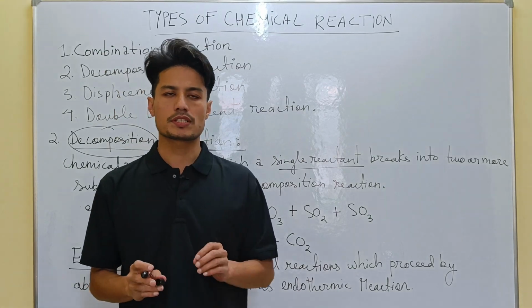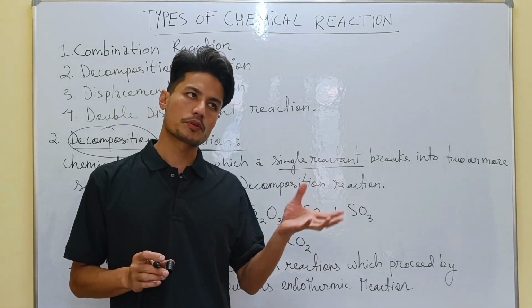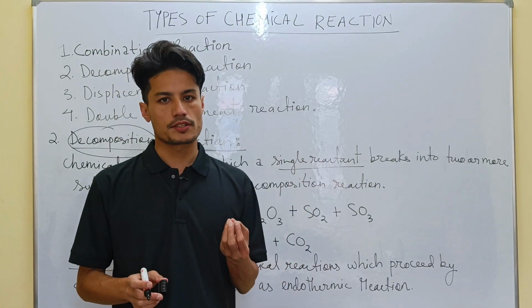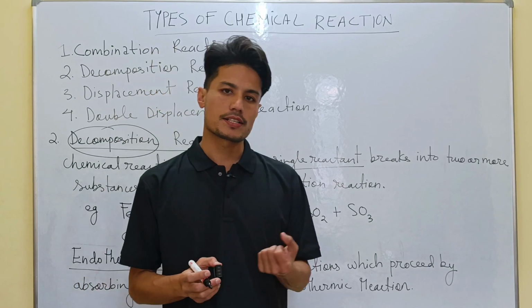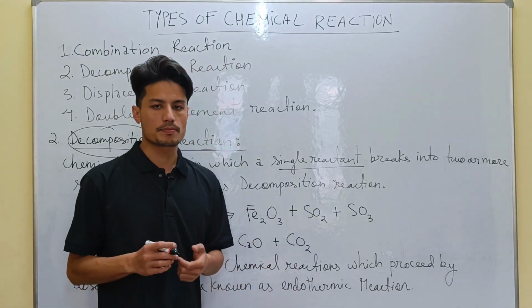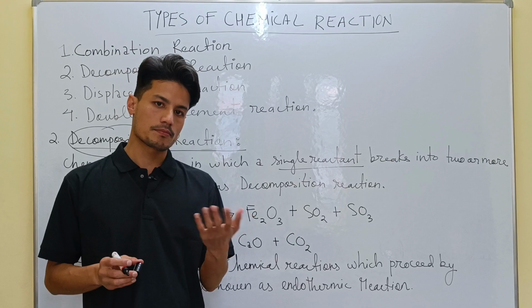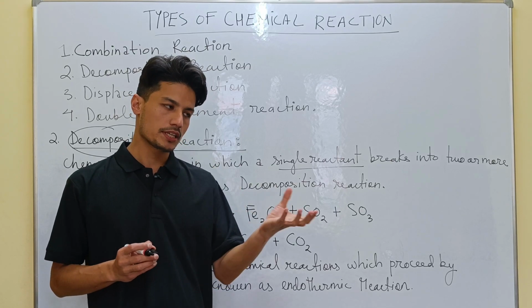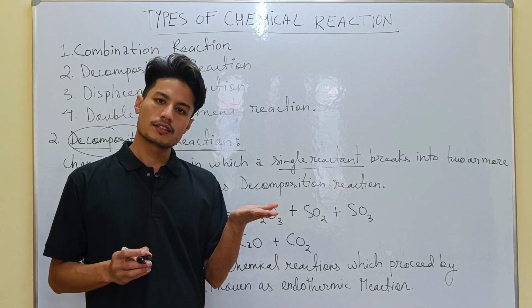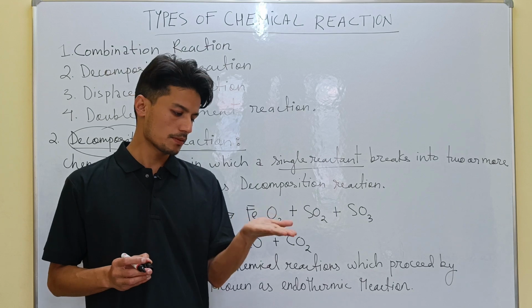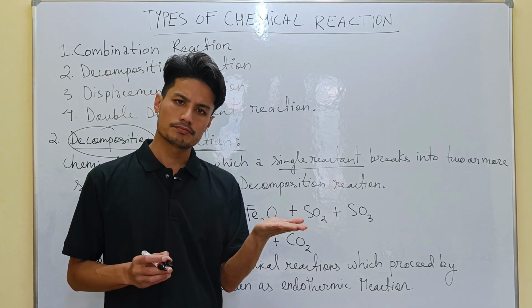Here I want to give you a simple example which will help you remember endothermic reaction. Example: melting of ice. How does ice melt? Ice melts by absorbing heat energy, isn't it? You take the ice out of the freezer and keep it in your hand. What happens?